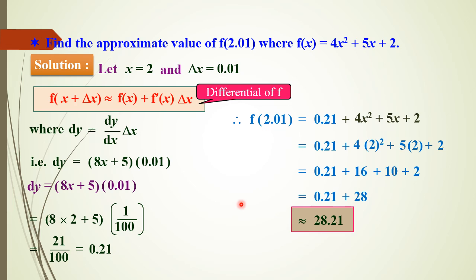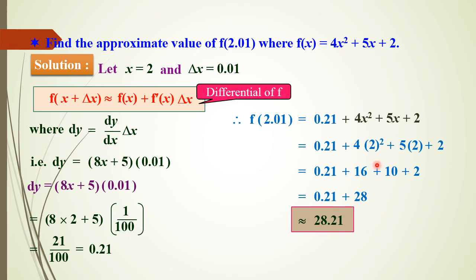Next, you come back to the original term. F of x, x is 2, delta x is 0.01, you put here. F of x, here the x value is 2, you substitute 2 wherever x is there: 2 square 4, 4 into 4 is 16, plus 10 plus 2.